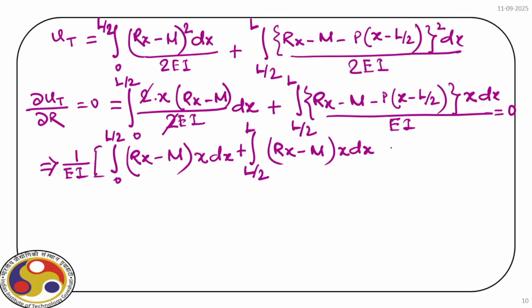Then the remaining last term, we can take it on the right hand side. So let us close the bracket here. Then we have L by 2 to L, then P times x minus L by 2 divided by EI.